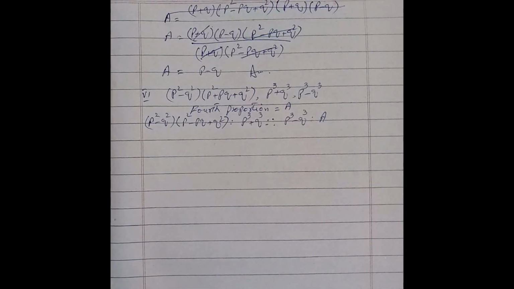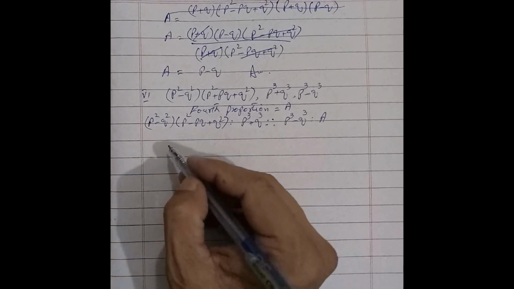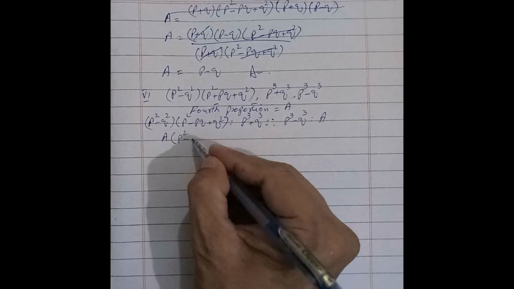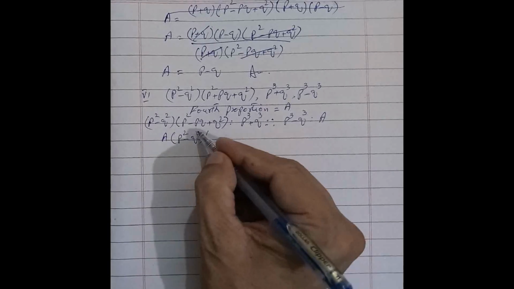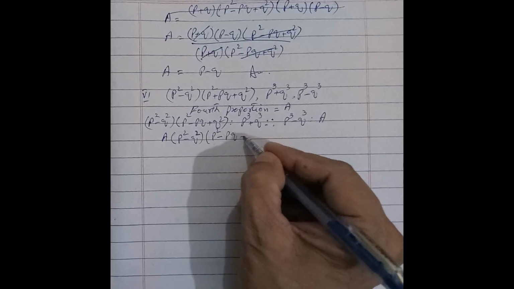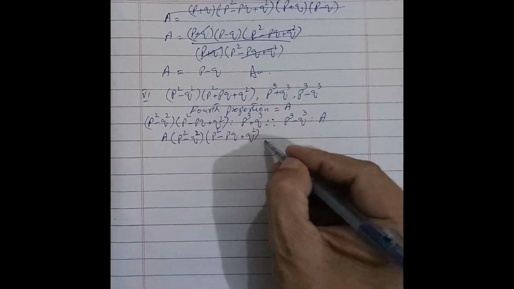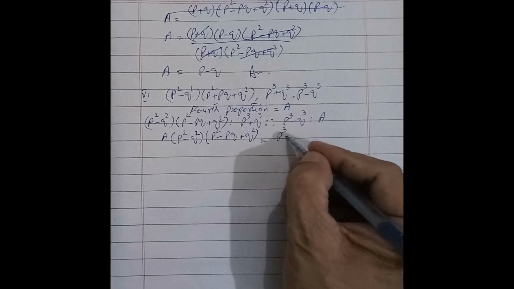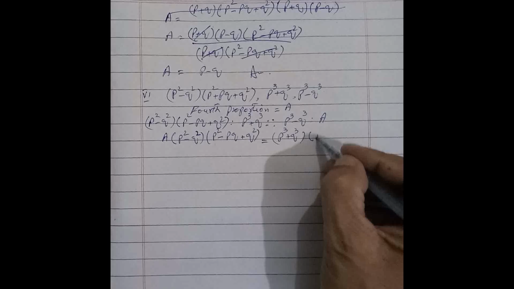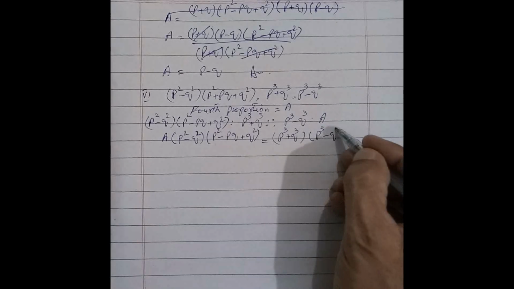And in proportions we know that the product of internal values is equal to the product of external values. So we write A into P square minus Q square, the other value is P2 minus PQ plus Q2 is equal to P3 plus Q3 into P3 minus Q3.